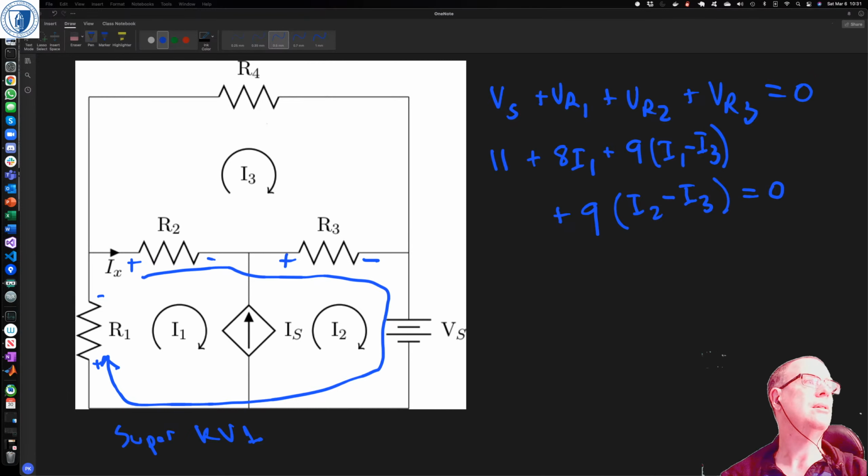Okay, and I'm just going to try and type that in exactly the way I've written it. So 11 plus 8 I1 plus 9 times I1 minus I3, and I didn't do a plus, I did an underscore, which is wrong. Plus 9 times I2 minus I3, and that equals 0.